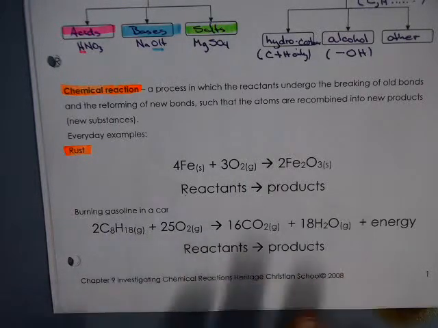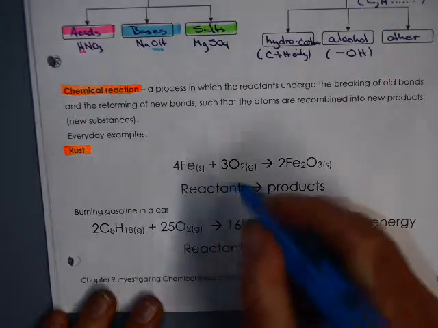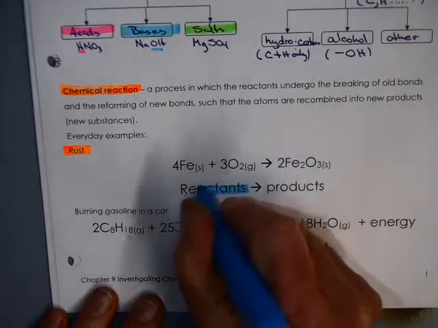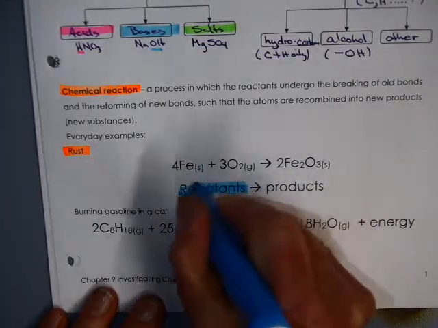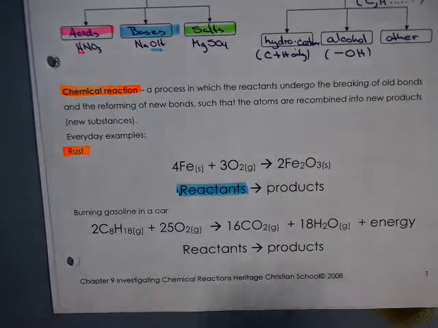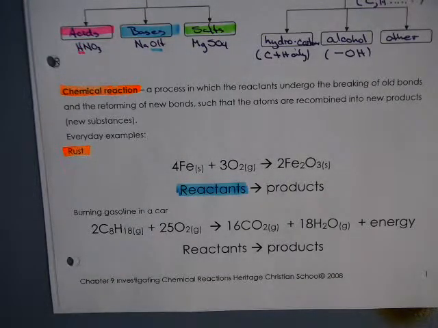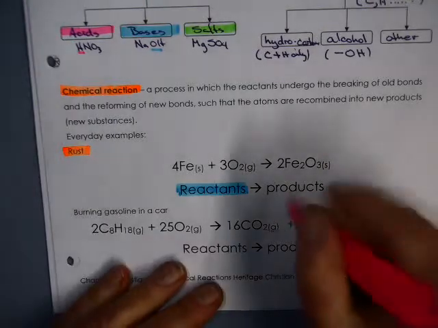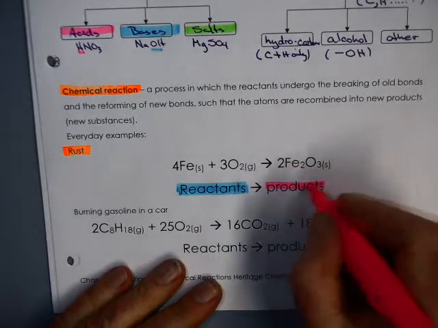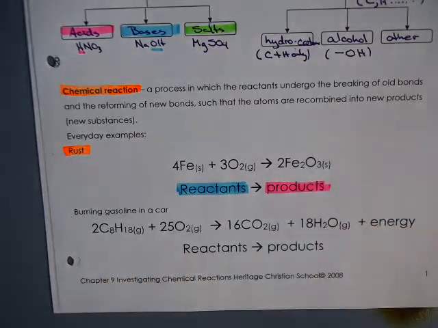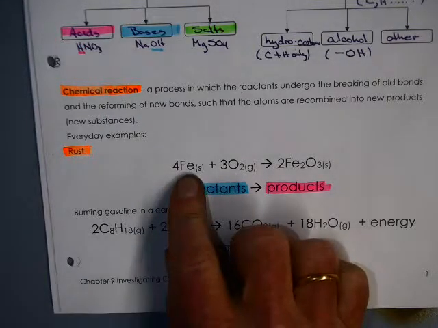When we talk about a chemical reaction, reactants are the species that will combine, or those are your start materials. Then it goes through some sort of breaking of bonds and rearranging of bonds, and what you have coming out the backside we call products. So those are two terms that we're going to be using a lot in this chapter. In this situation, you all recognize iron.